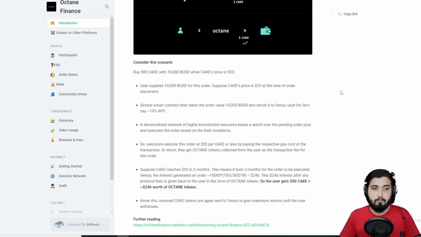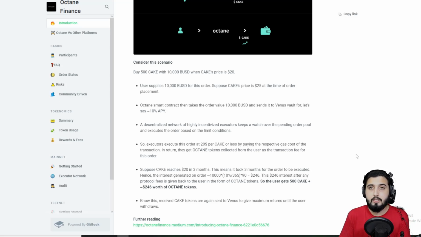Now, how has Octane Finance redefined this concept to make it more rewarding? They're explaining it right here. The Octane smart contract takes the order value of 10,000 USD and sends it to Venus Vault, where it earns, let's say, 10% APY. So not only do you get the option to use limit orders, but you also make an APY.